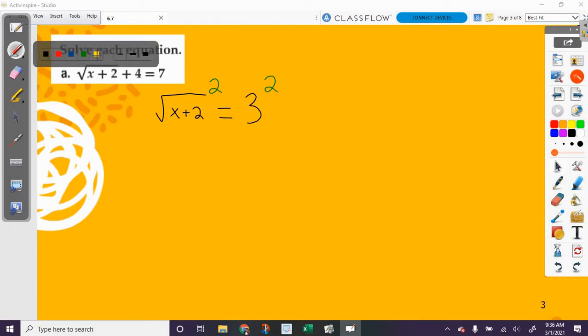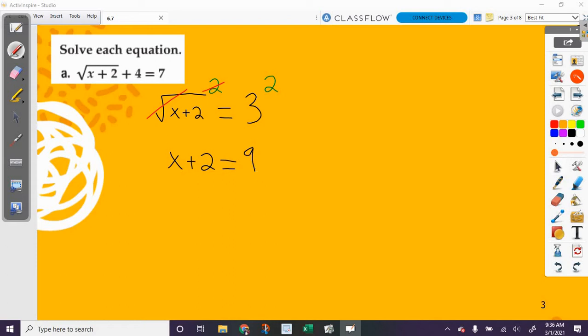And the reason that we do that, remember, is because radicals and exponents are inverses of one another. So when I square a radical that has an index of 2, it undoes that radical. And so I'm just going to be left with whatever's on the inside. So we have x plus 2, and then 3 squared gives us 9.